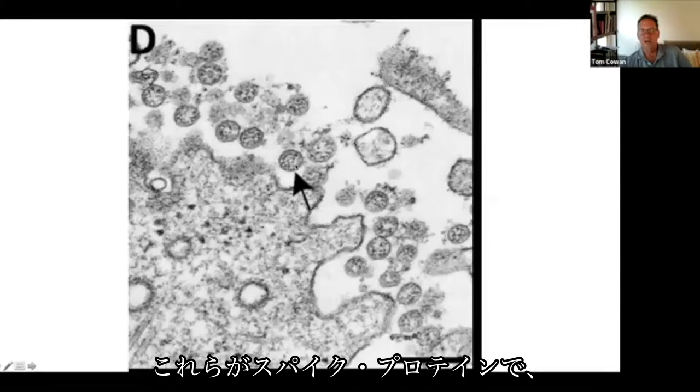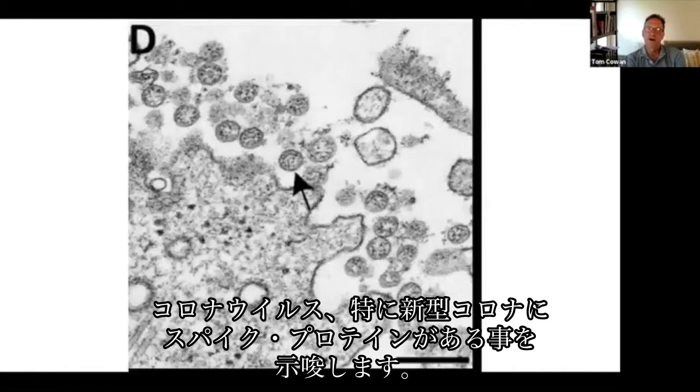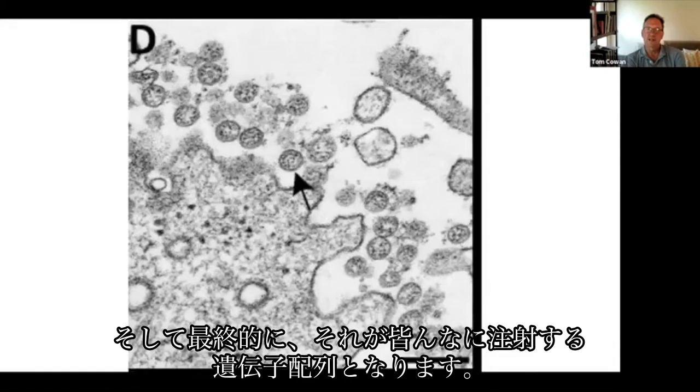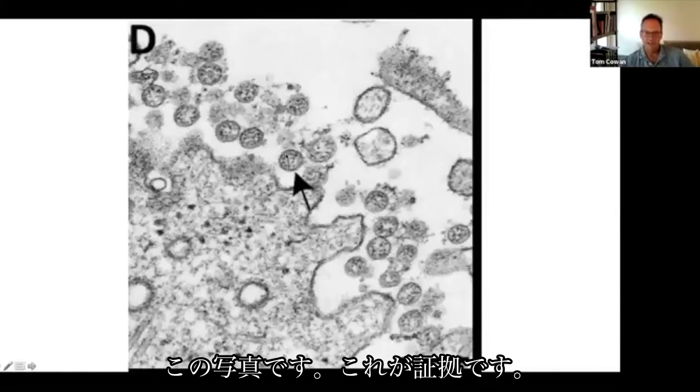Those are the spike proteins that informed the graphic designers that all of these coronaviruses, particularly SARS-CoV-2, have spike proteins, and that eventually became the sequence that they inject you with. That's what we're told. It's this picture.